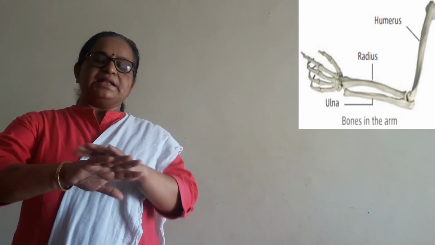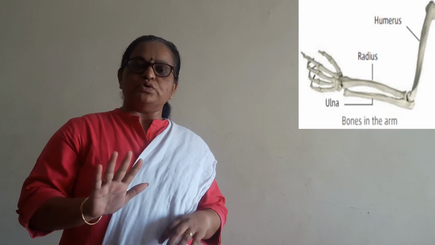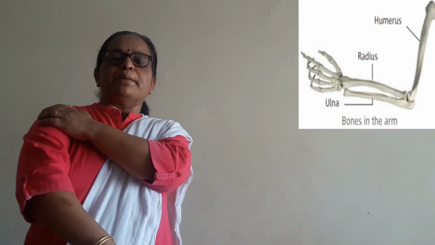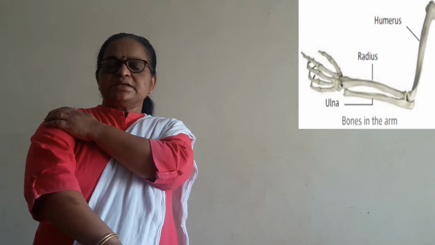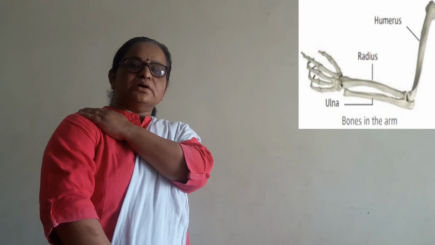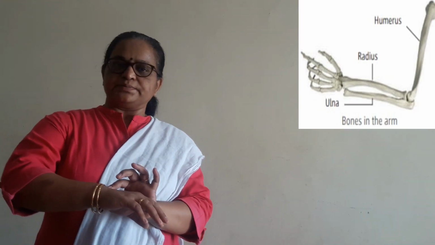Okay, and in hands there are many bones. Our fingers have many bones. This is wrist, this is our hand, lower arm and upper arm. Yes, so humerus is connected to our shoulder and the lower arm is connected to our wrist.